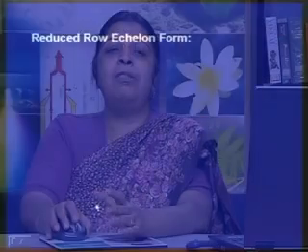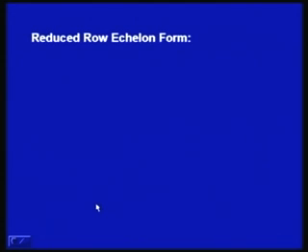Now, all these concepts will be used to obtain the solution of equations. Before I really apply these concepts to solve a system of equations, I would like to introduce the concept of reduced row echelon form.